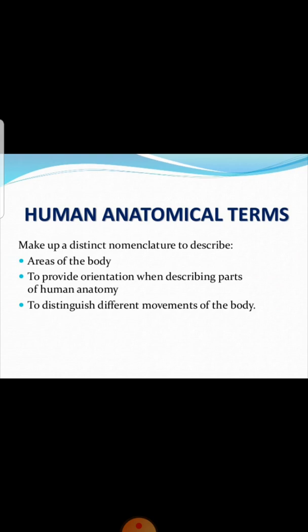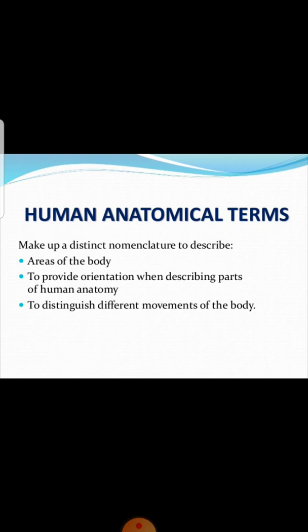Okay, now this is really very important, and now we will study some basic anatomical terms. As you know, humans can move, so we have a reference position that gives meaning to the directional terms used to describe the body parts and regions.